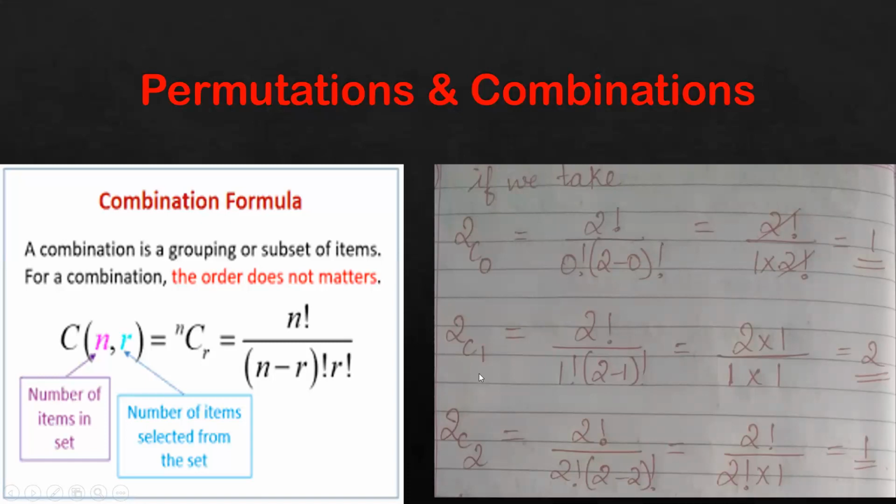Similarly, if you want to find out 2C1, it is 2 factorial upon 1 factorial into (2 minus 1) factorial. Answer is 2. Similarly, 2C2 gives you 1. What is your observation, class? 1, 2, 1. Where did you see it?